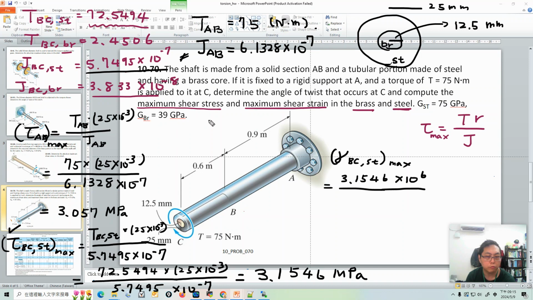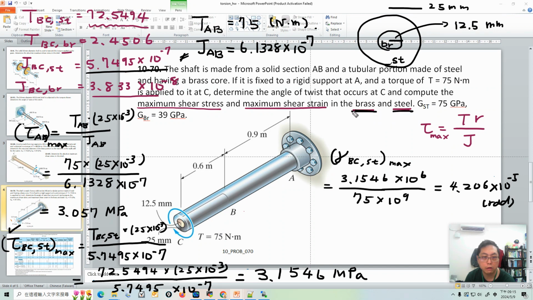What's the modulus for the steel? 75 times 10 to the power 9, 75 gigapascal. So just use your calculator again. It will be 4.206 times 10 to the power minus 5 radians. Okay, so we finished the steel part.